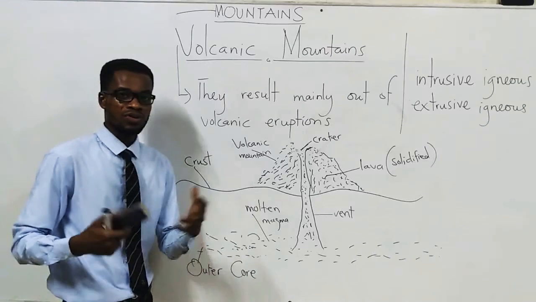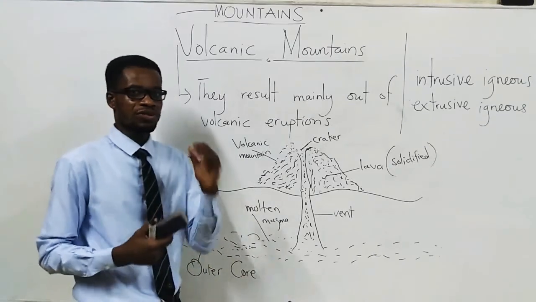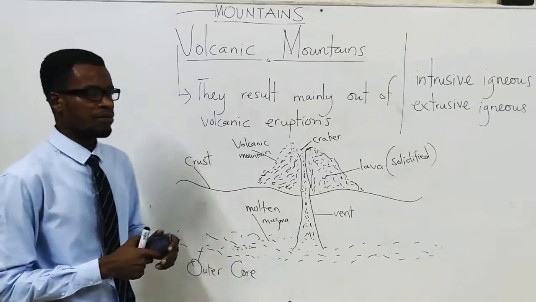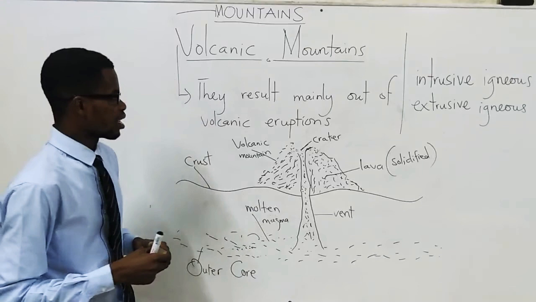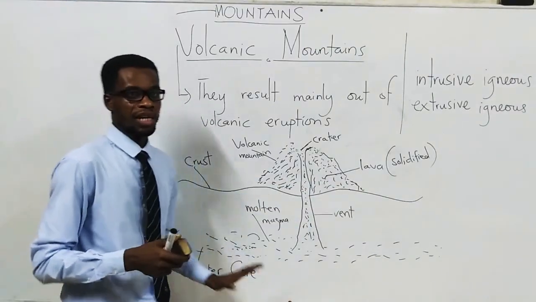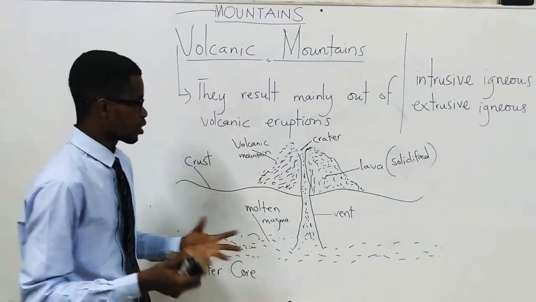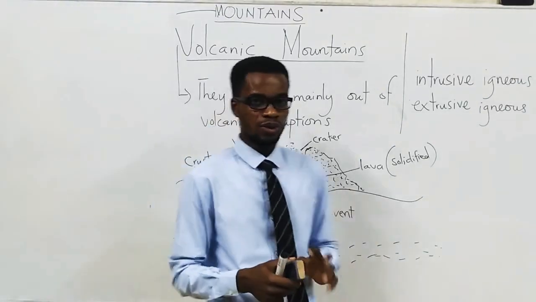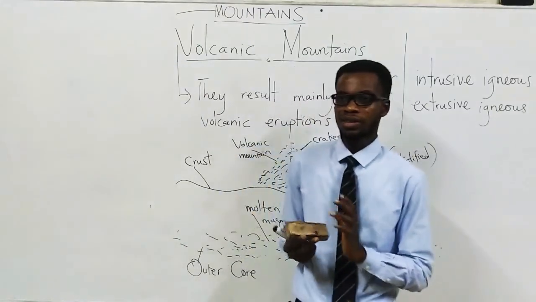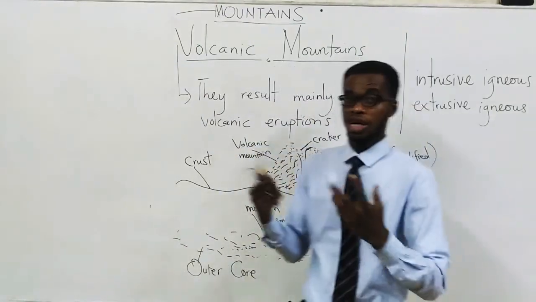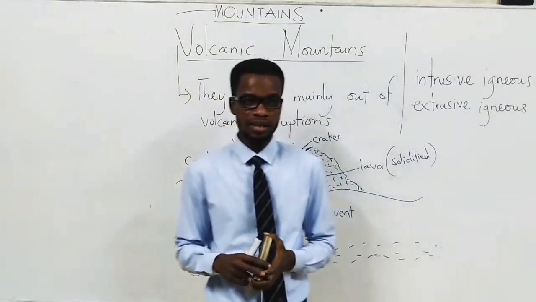You should be able to sketch, to draw as much as possible, and let your description be in line with the illustration or the diagram that you use to support your explanation. In the next section, we'll look at another mountain which is not formed as a result of volcanic activity, but rather through the folding of the earth layers.